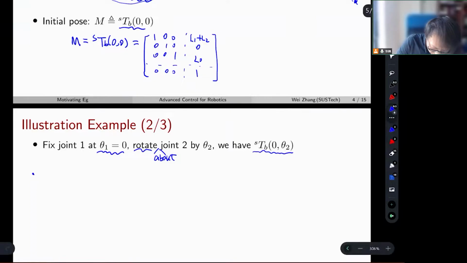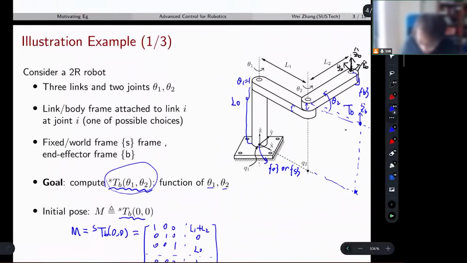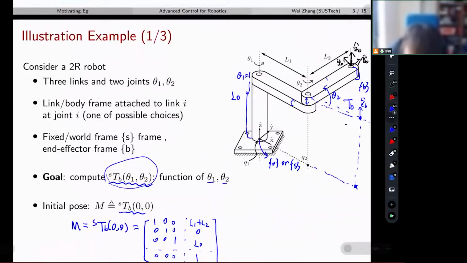Okay, I'm going to remind you of a few things before I ask you the final answer. First, think about this: rotate link 2, this is my link 2, and as well, you will rotate this B frame, right?